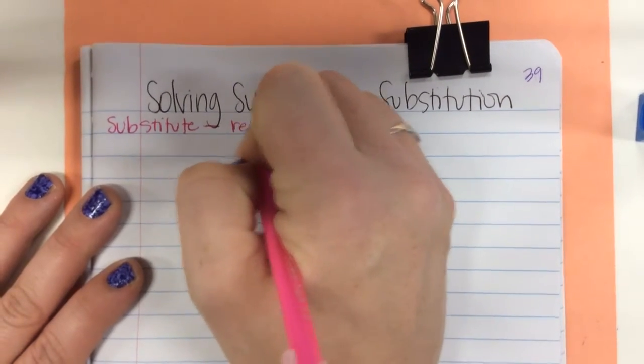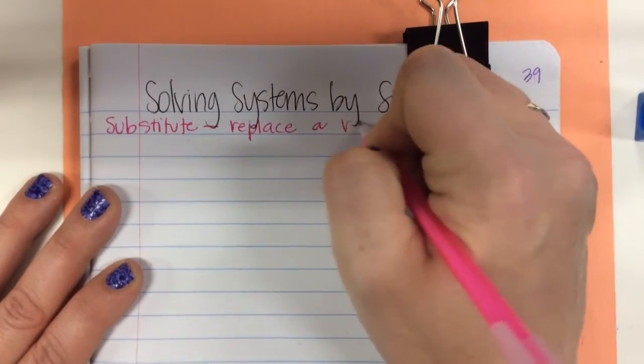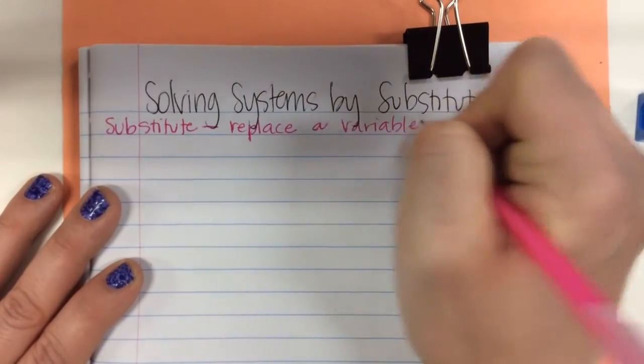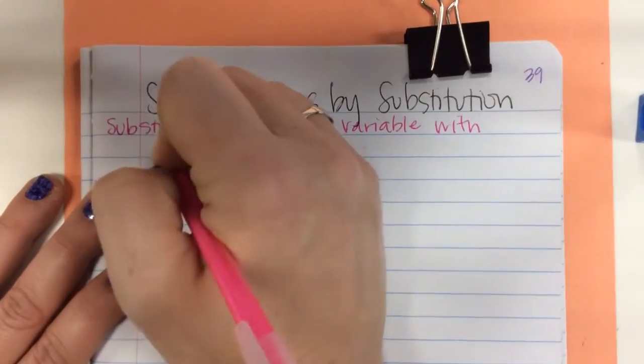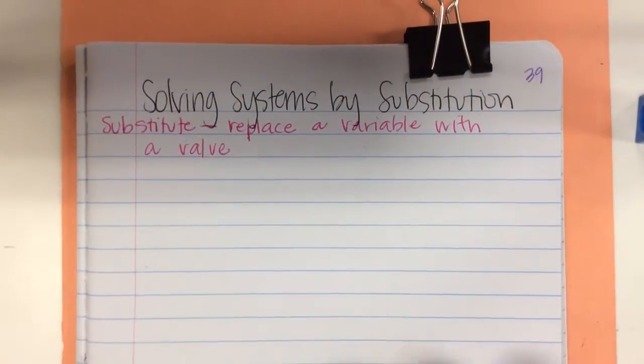I'm going to replace a variable with a value. And typically up until now, you've put one single number in. If x is 3, instead of the x value, you put 3. If y is 4, instead of the y value, you put 4.